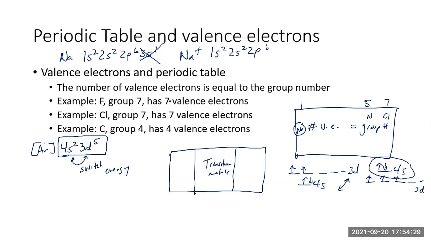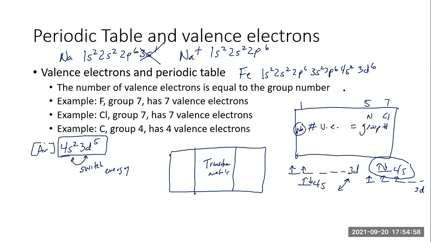Now, let's take iron, for example. Iron with no charge would be 1s2, 2s2, 2p6, 3s2, 3p6, 4s2, 3d6. This should be 26 electrons, I think.